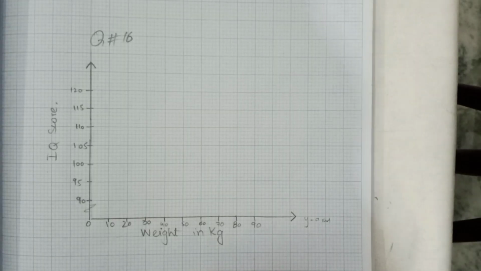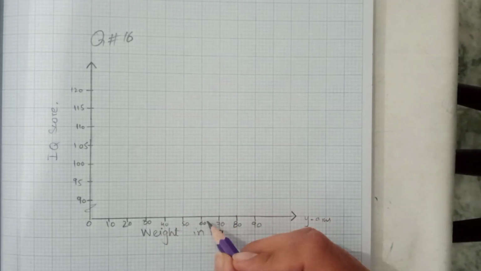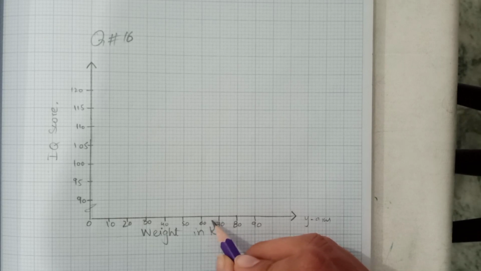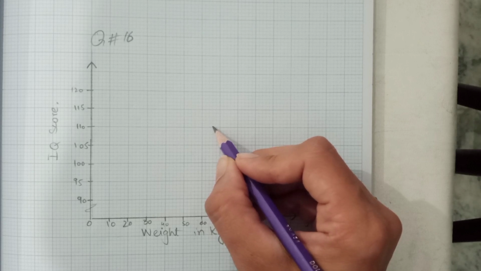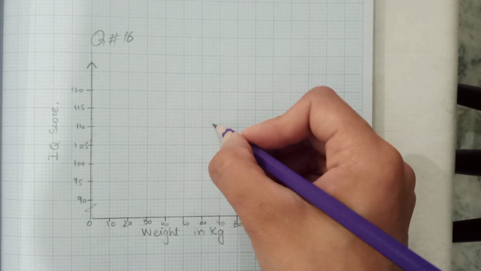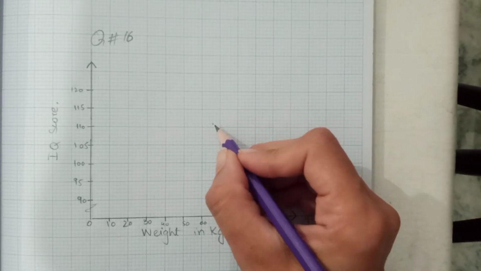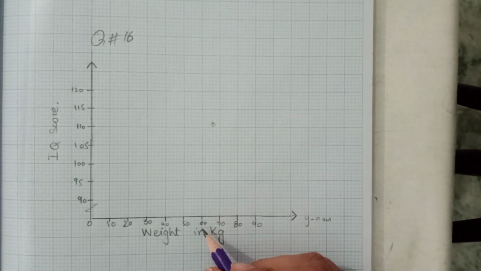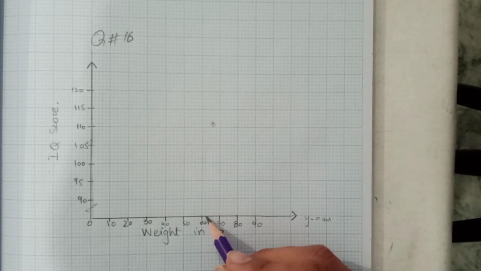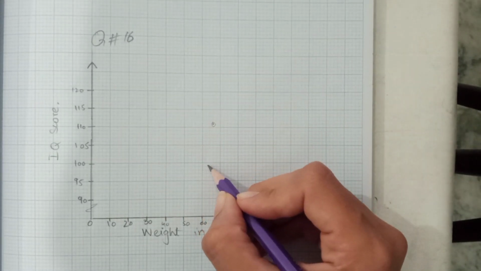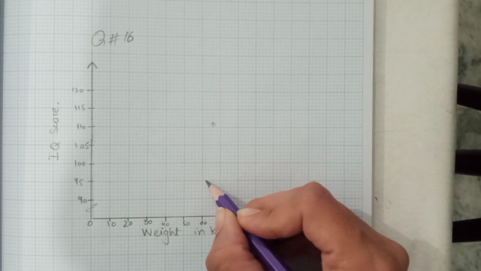Now we have to draw the scatter diagram, and first is 66 and 111, and this is 66 and 111. Yes, this point, and now next is 62 and 95. This is 62 and 95.